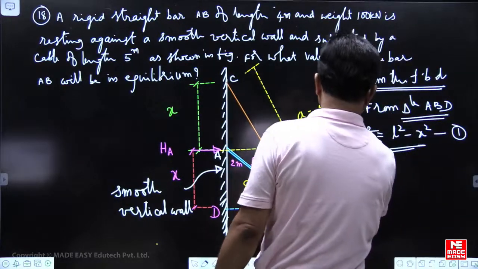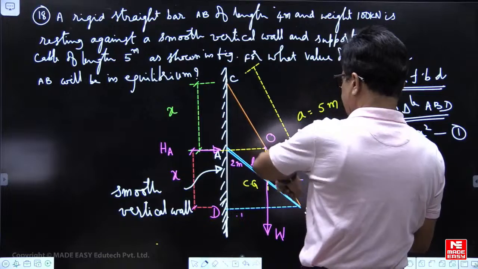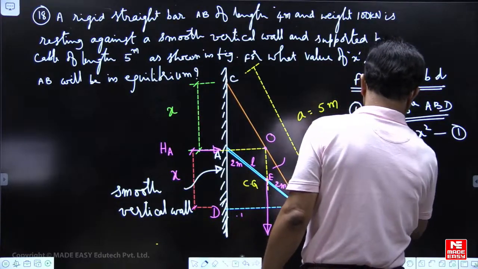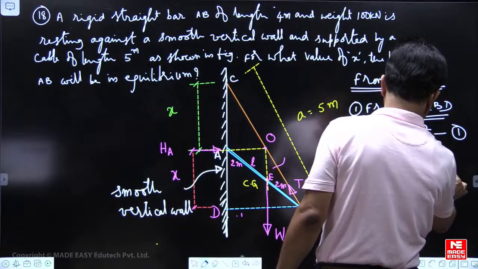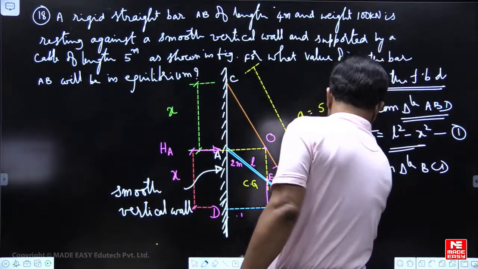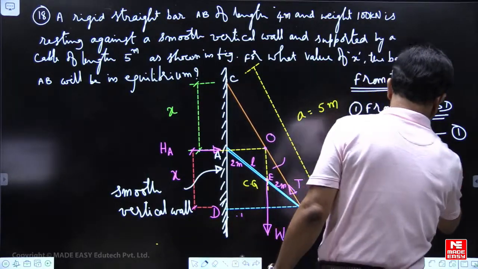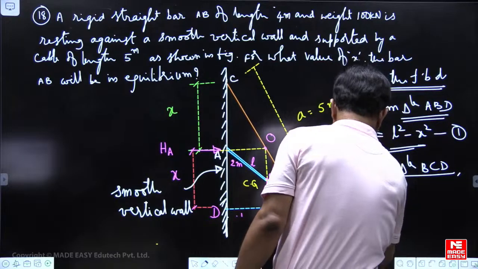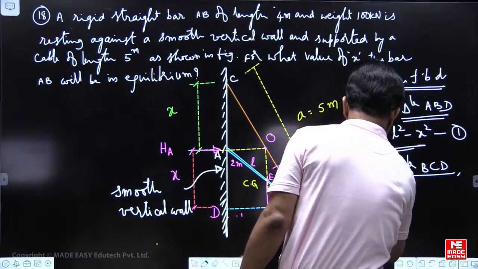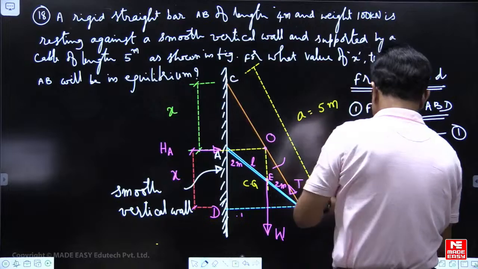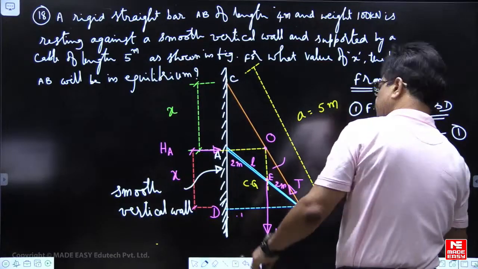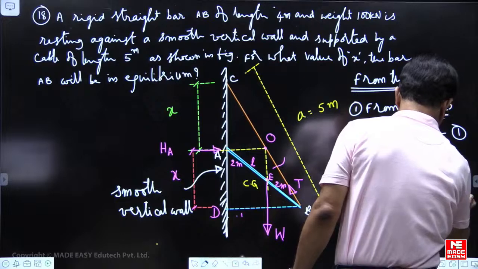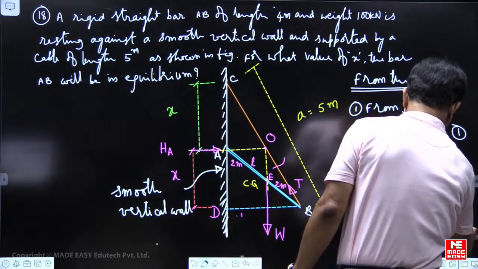Call it as 1. From triangle BCD, BD square is equal to, this length we take it as A and this length is 2x. This you call it as equation 2.